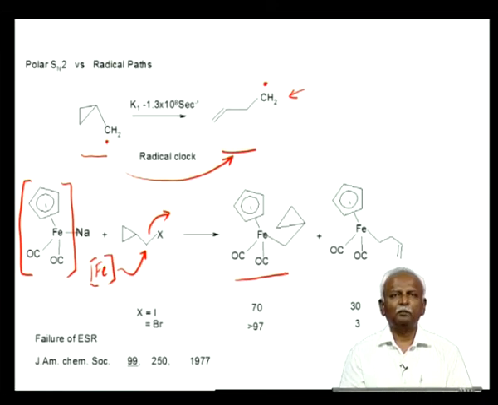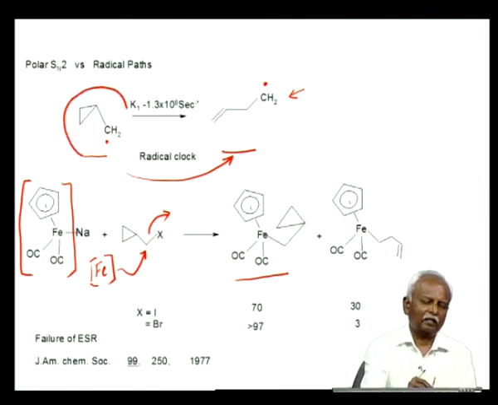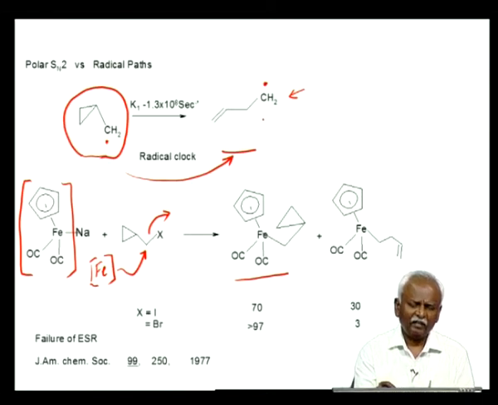Now, this is a simple nucleophilic substitution, and that is what people expected. But if a radical intermediate is generated during the course of this reaction, as I have indicated here, if the cyclopropyl carbonyl radical is involved as an intermediate, then it can ring open to give you the homoallylic radical, which is on the right hand side of the screen.